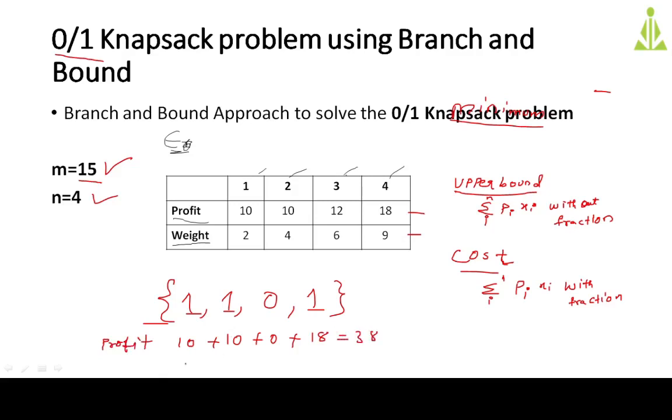The weight is 2 plus 4 plus 0 plus 9, which equals 15. So this is about the 0/1 knapsack problem using the branch and bound technique.